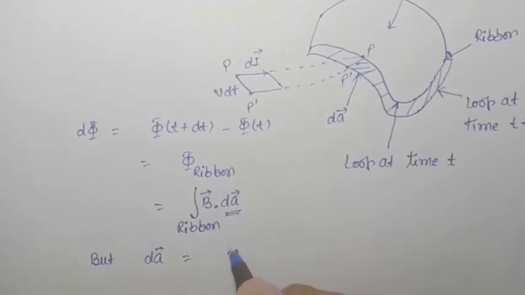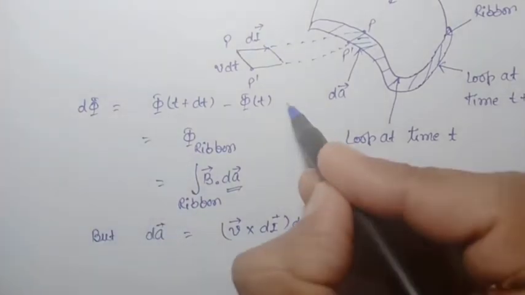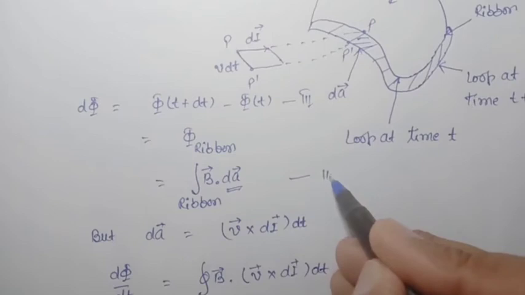Then we can write v cross dl with dt. Suppose this is equation number 3, then from this we can write the rate of change of flux with respect to time equals B dot v cross dl, with dt. Suppose this is equation 3A.